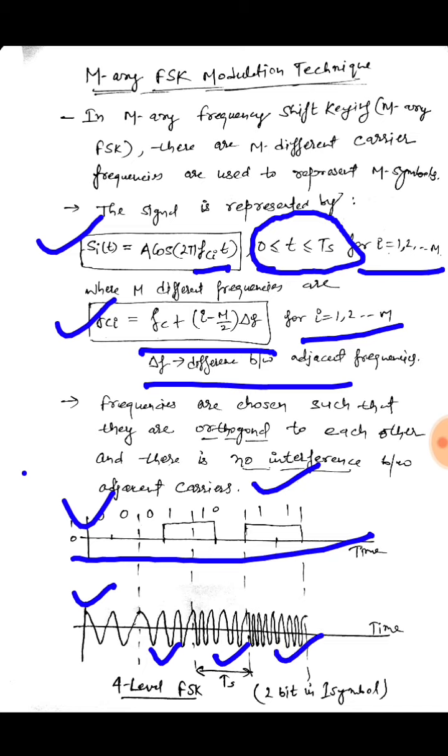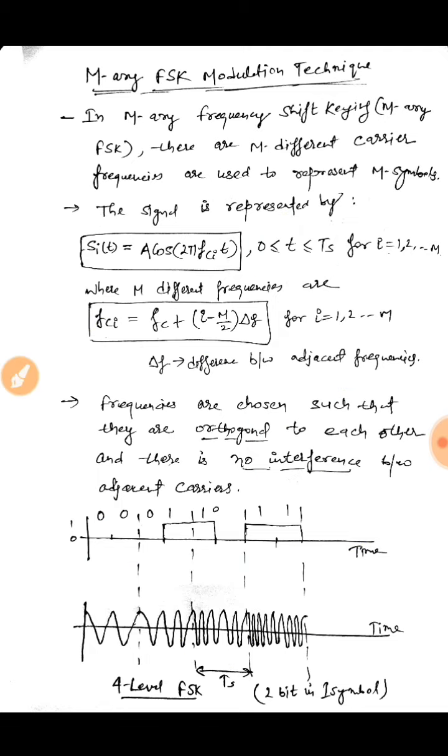That is, we are using 4 different frequencies for the carrier to be transmitted, which will carry our information in the bits. For every level 2 bits are used, that is 0 0, 0 1, 1 0 and 1 1. If we have 8 levels, then we will use 3 bits to represent every symbol, and all the frequencies we can calculate using this formula.